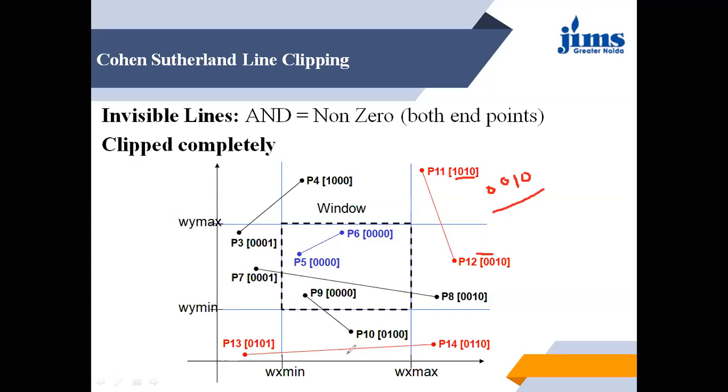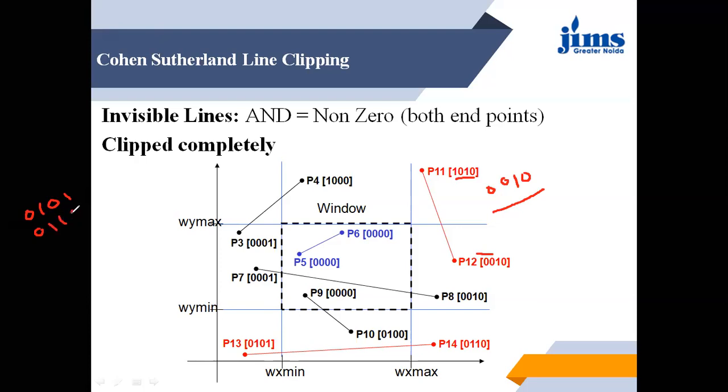For line P13 to P14 we can also justify this: the region code of P13 is 0101, and the region code of P14 is 0110.